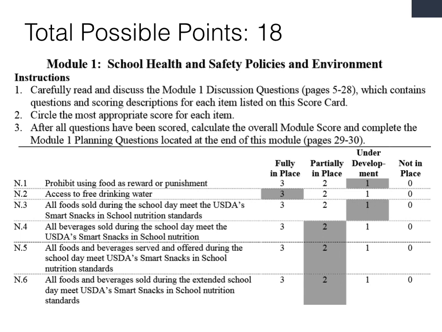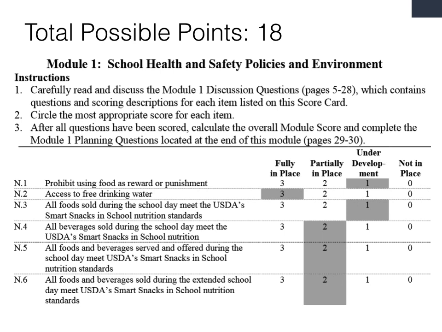Once you answer all of the questions, you would then tally up your answers. What you see here on the screen are the questions. For example, in Module 1, there's a question, prohibits using food as a reward or punishment. You have to answer whether it's fully in place, partially in place, or under development.